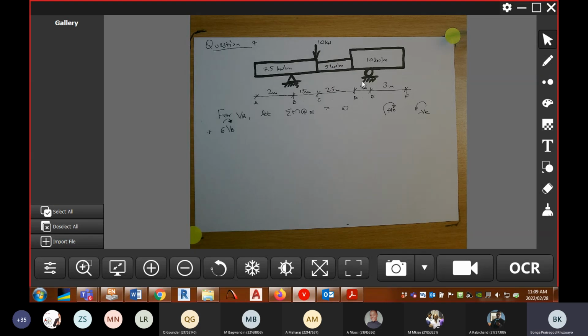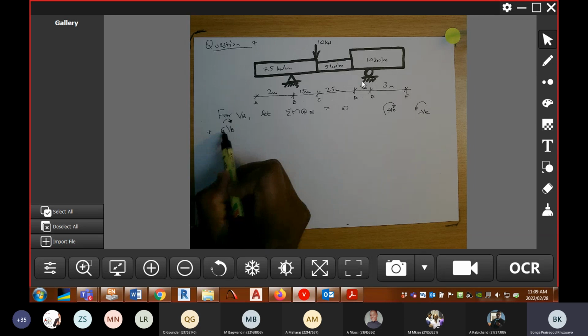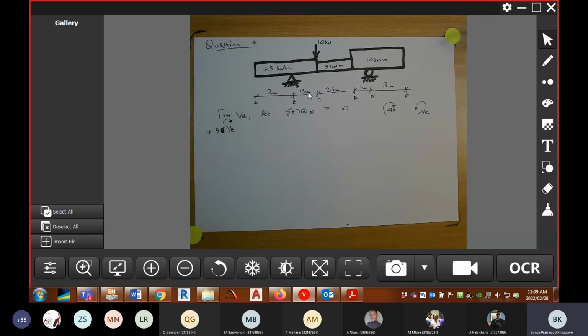So it's actually not 6, it is 5. My apologies. So it's 5 VB, right? That's 4 and that's 1. Not 2, 2 is on the other side. So we've got 5 VB.